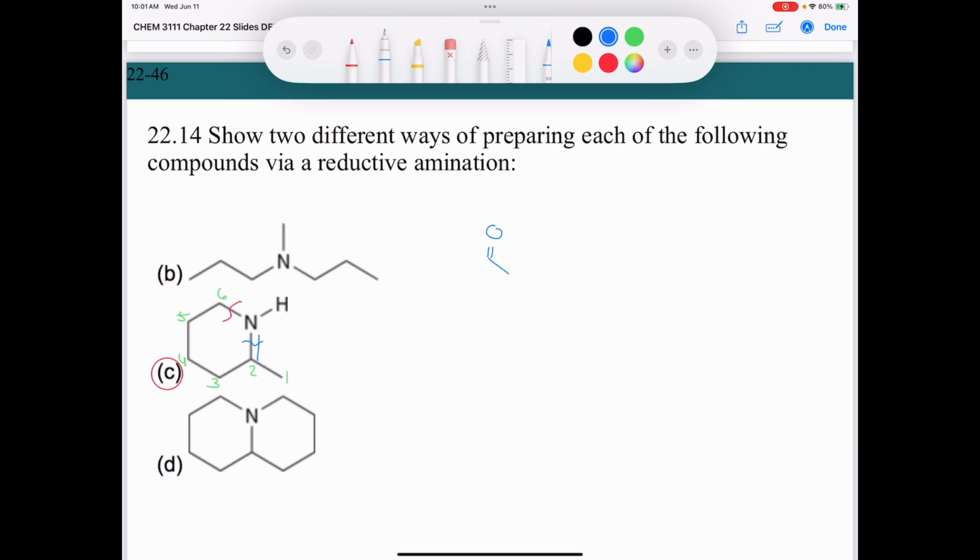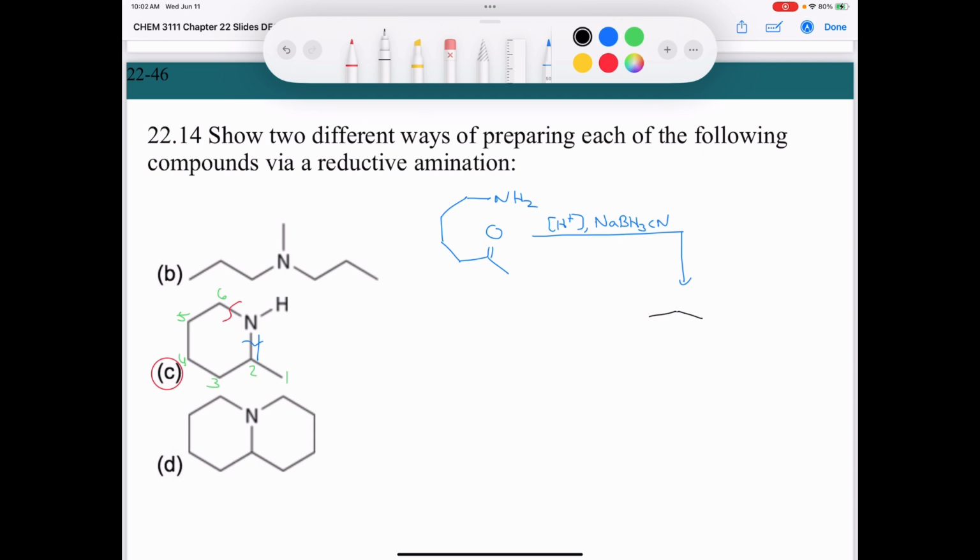So that's 1, 2, 3, 4, 5, 6. And then I'll put the nitrogen like this and I'll just put NH2 like that. So there you go. So if we took our catalytic amount of acid and our sodium cyanoborohydride, that's going to give us our product.